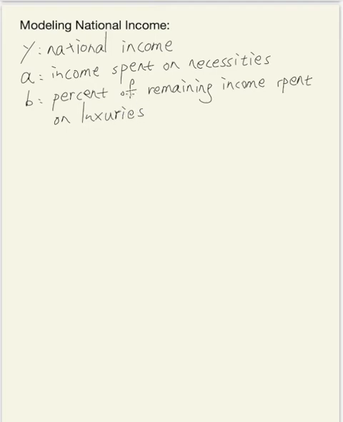Okay, then one common model used in economics is this: dy/dt equals k times (1 minus b) times (y minus a). Remember that b is percent of remaining income, so b is a number between 0 and 1. 1 minus b is always non-negative here.